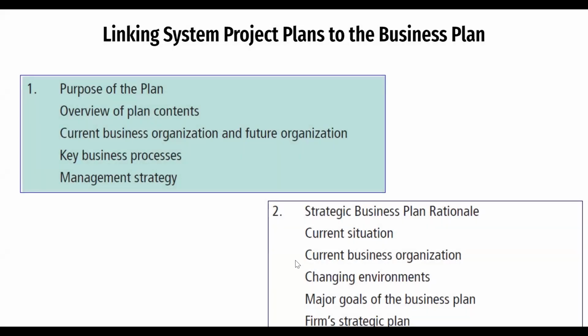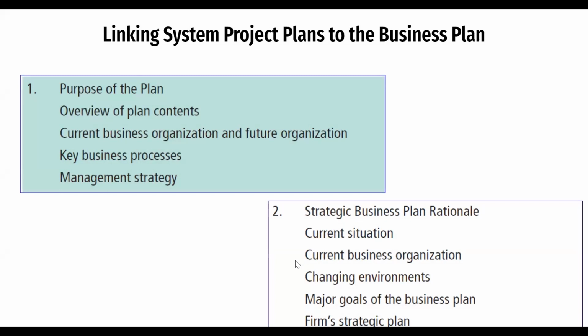So, in order for us to identify the information system projects that will deliver the most business value, the organization needs to develop an information system plan. So this will support their overall business plan and in which strategic systems are incorporated into the top level plan.